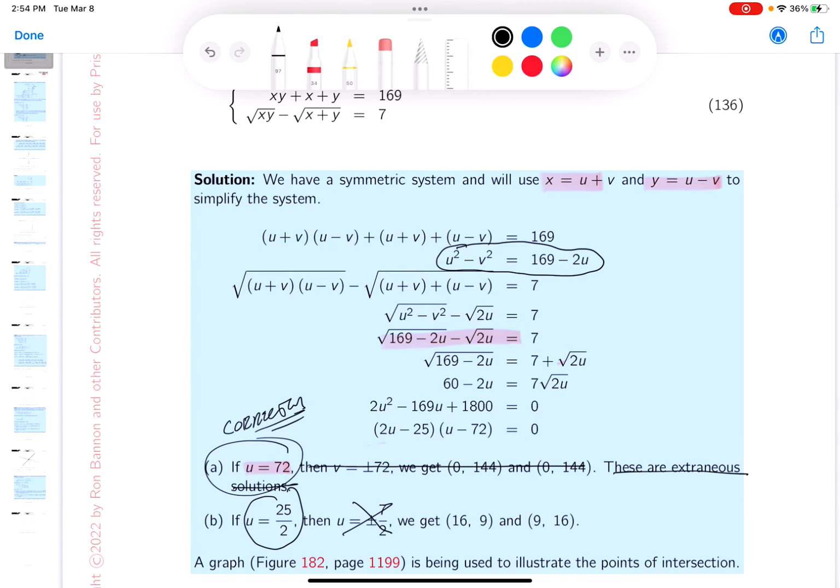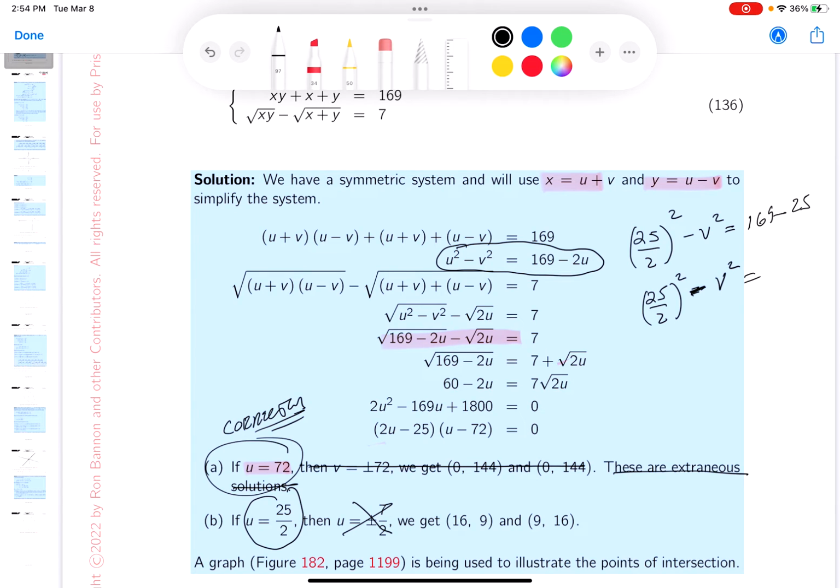25 over 2 squared minus V squared equals 169 minus, well, 2 times 25 over 2 is just 25, right? So what do you get there? Let's see, 25 over 2 squared. Don't be alarmed. Whoops, sorry about that. Minus V squared.